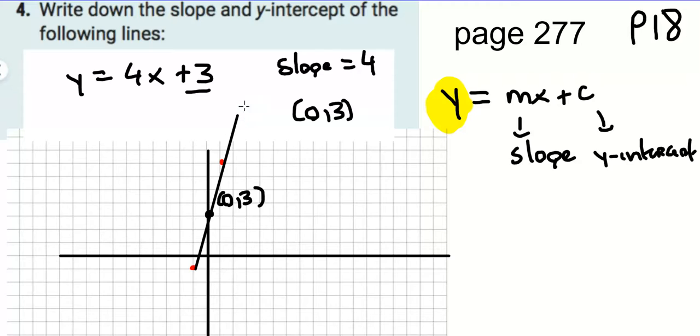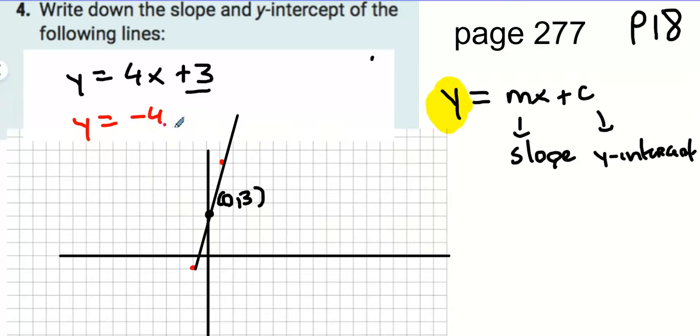Okay, I'll do another one for you. Actually, before I do that, this one was 4x plus 3, wasn't it? Can anybody tell me what this one would look like?